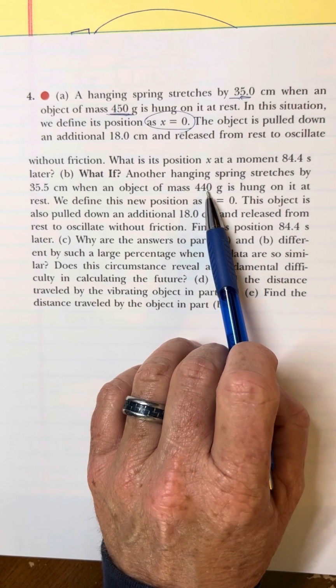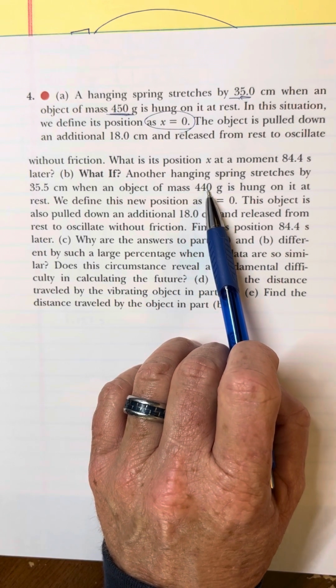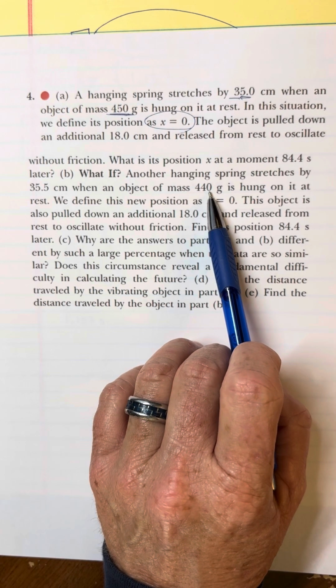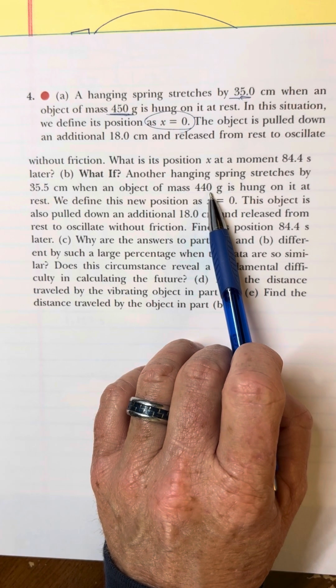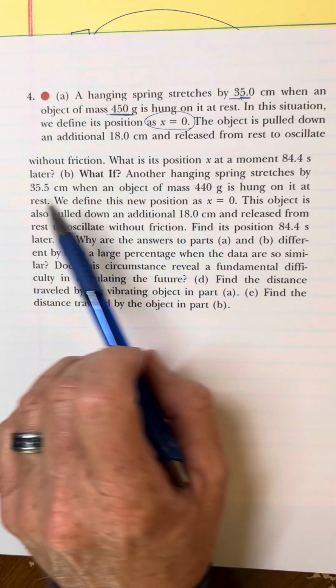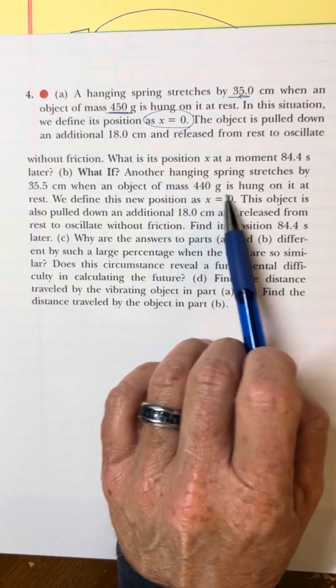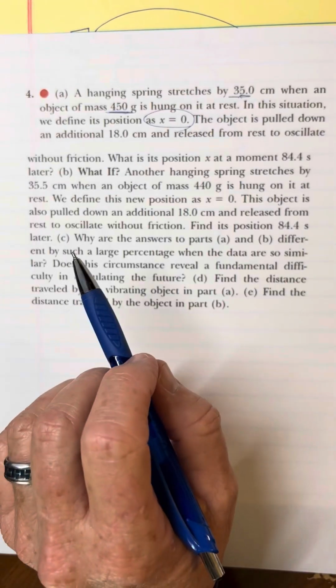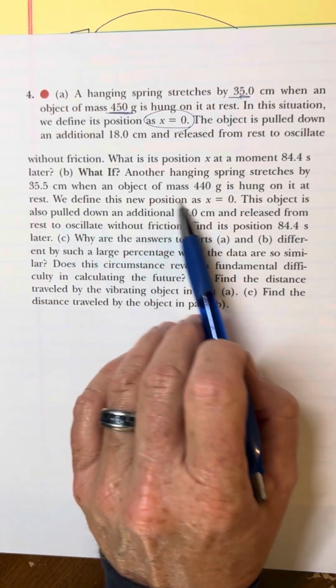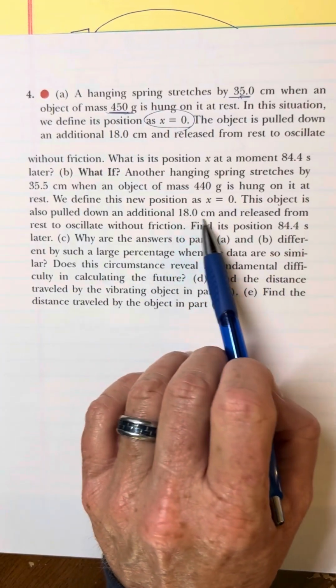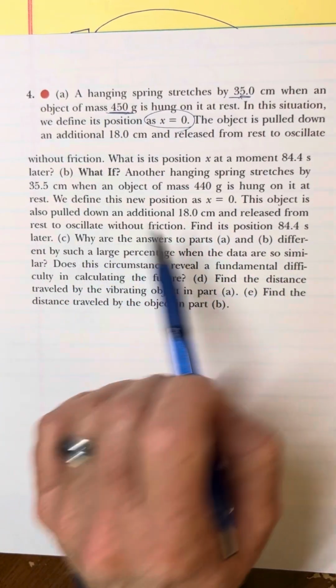So this would be a different spring, and the spring constant must be a little lower because it stretched further with less mass. But if we define this new position to be x equals 0, the object is then pulled down an additional 18 centimeters and released.